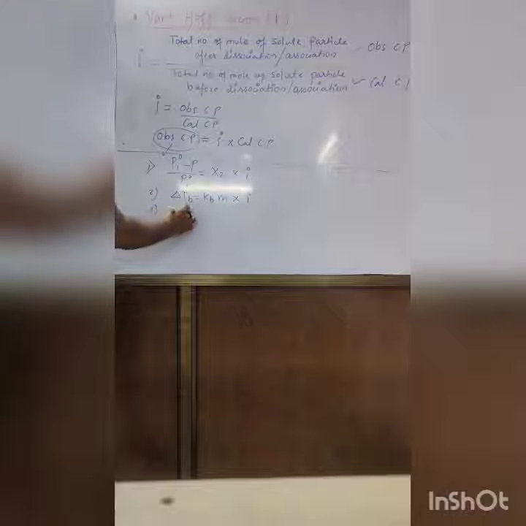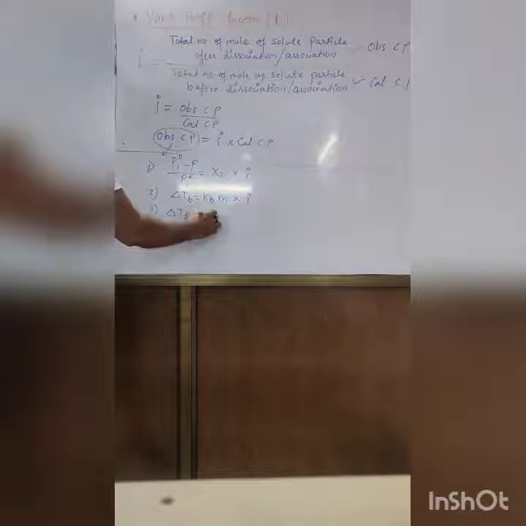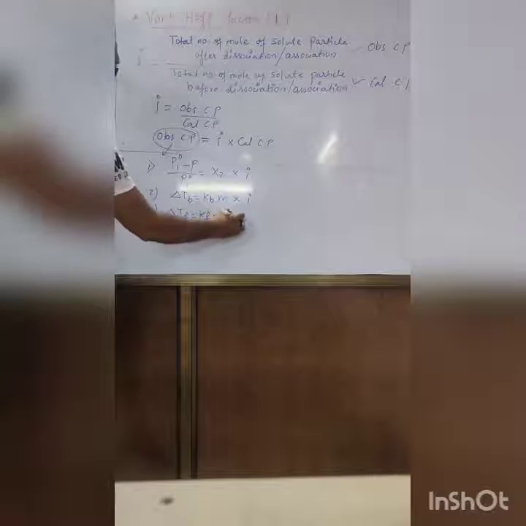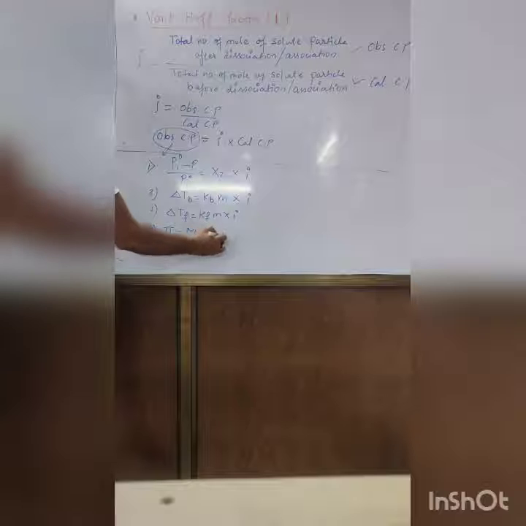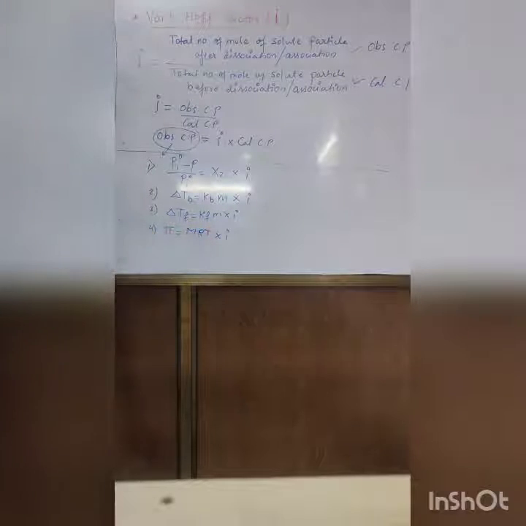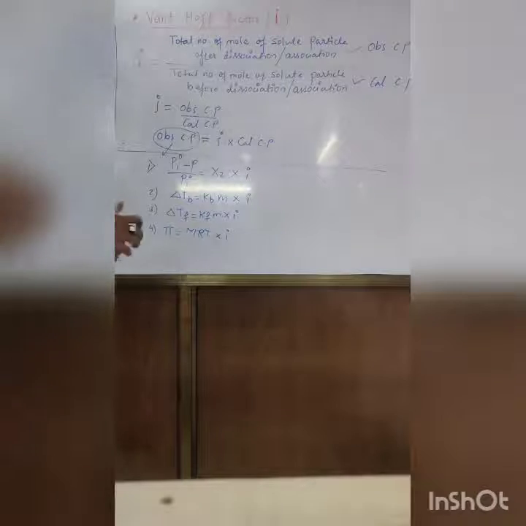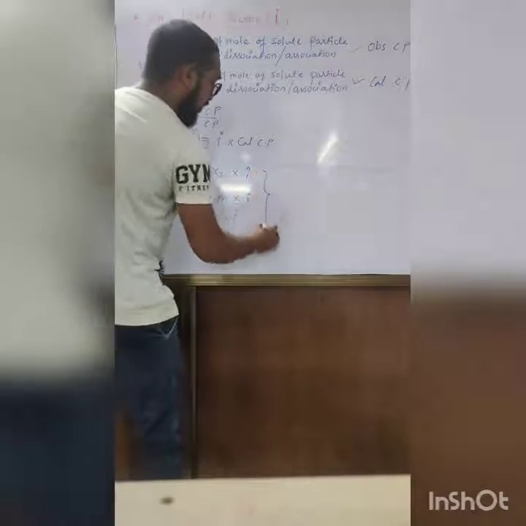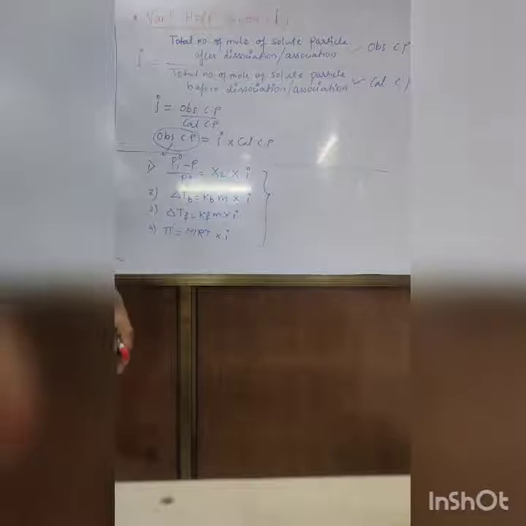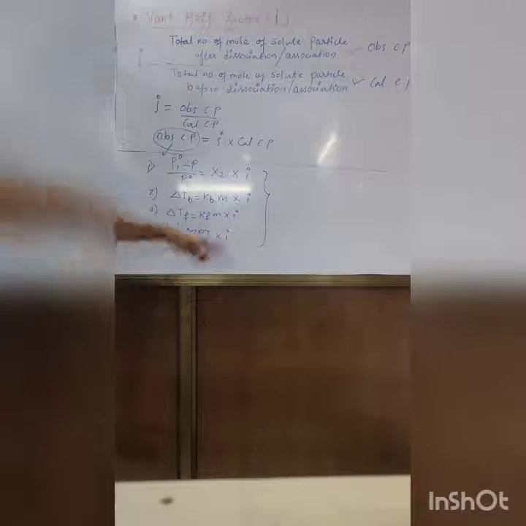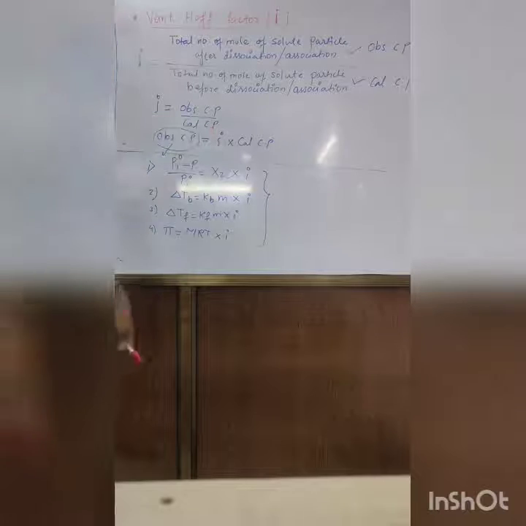Third, once again, delta Tf equals Kf into m into i. Same for the fourth colligative property, pi is equal to mRT. When multiplied by i, we can calculate the observed colligative property.